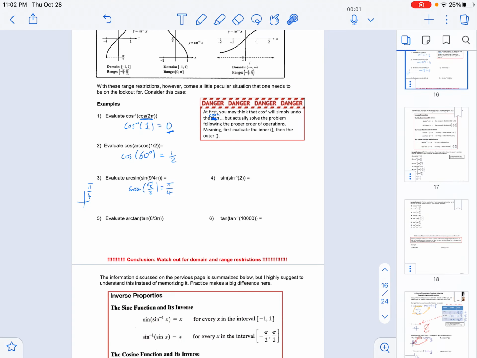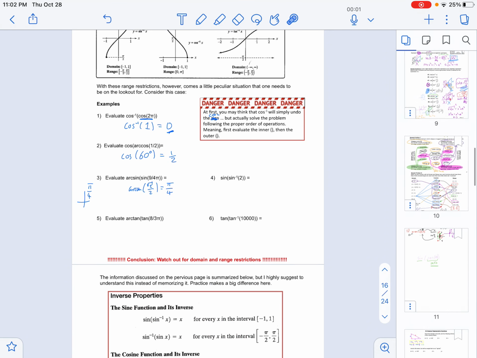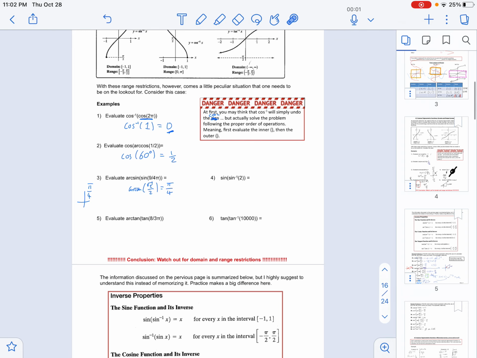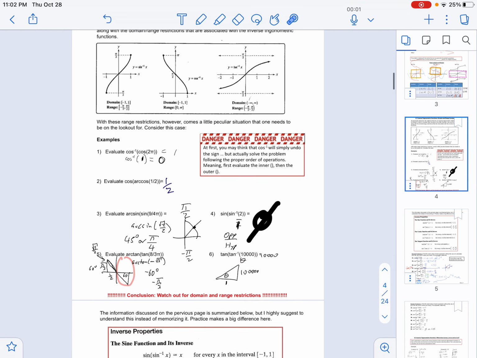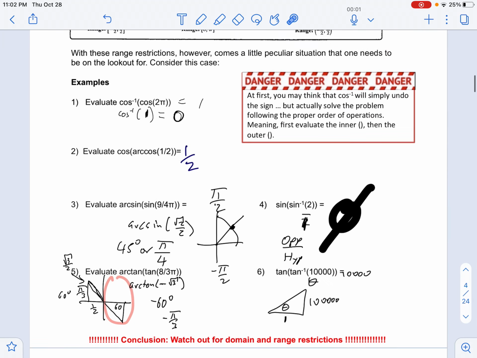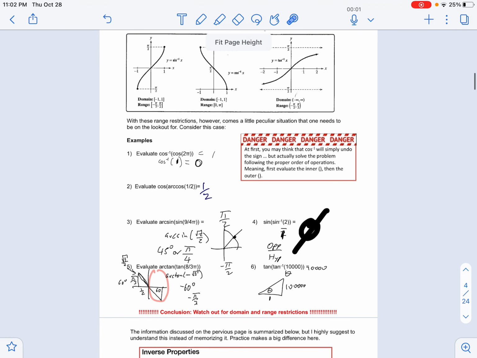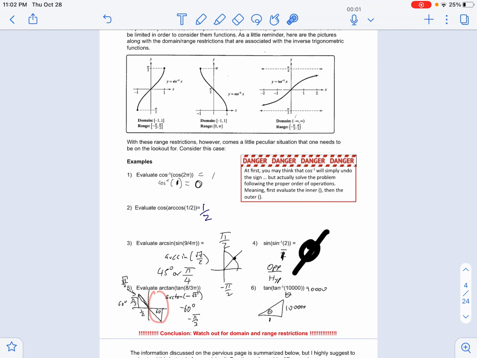When you do, really quickly, pause me and do them. I'm going to post the answers, so I'll share the answers with you real quick. Right there. I should have done this one with you together because it's kind of cruel. This one has no solution because the first part is simply not possible. You cannot plug a 2 into an arc sine because, look at it, there is no 2 here.